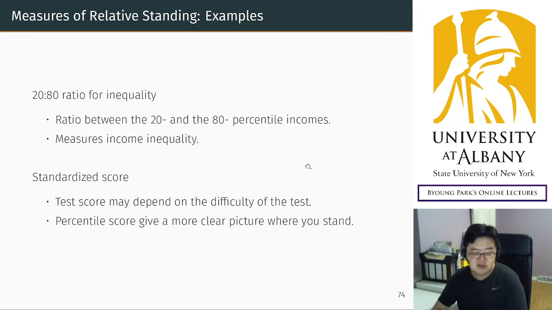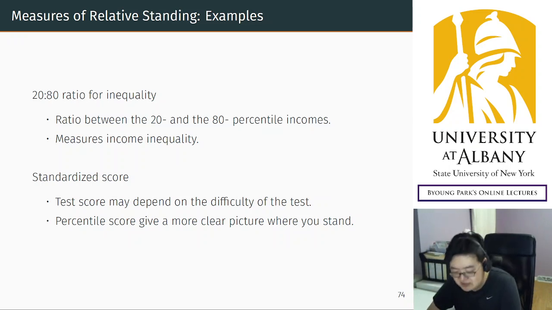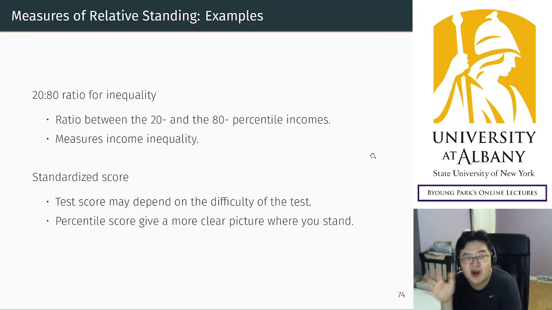If you take a test and I say your score is, say, 20 out of 100, it does not deliver anything. 20 out of 100 could still be the best score if the test was too difficult. More informative is the percentile score. So your test score is, say, the 80th percentile. That means you are in the top 20%. So in these examples, percentiles are very widely used.